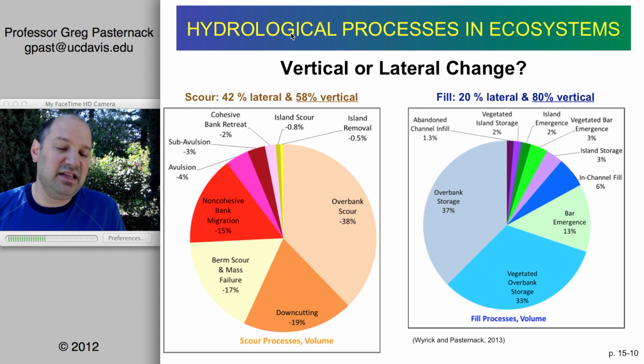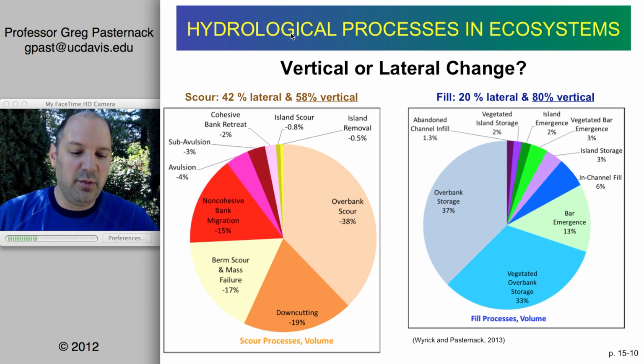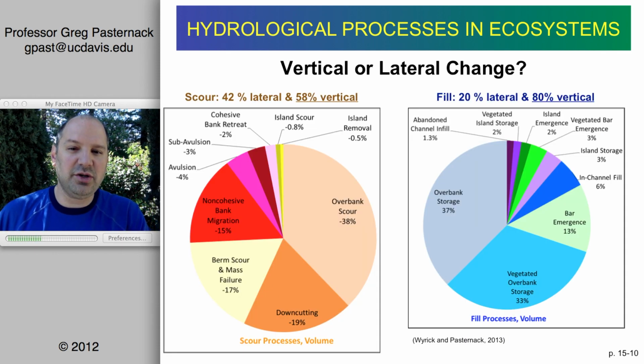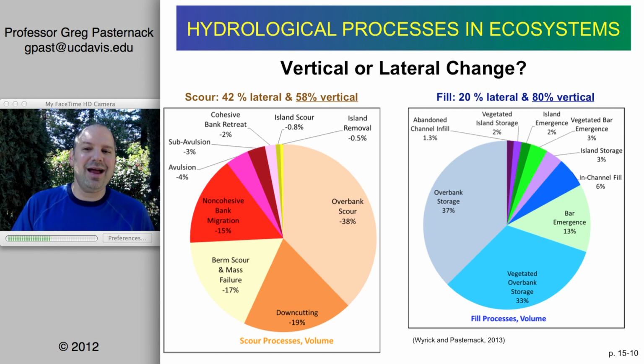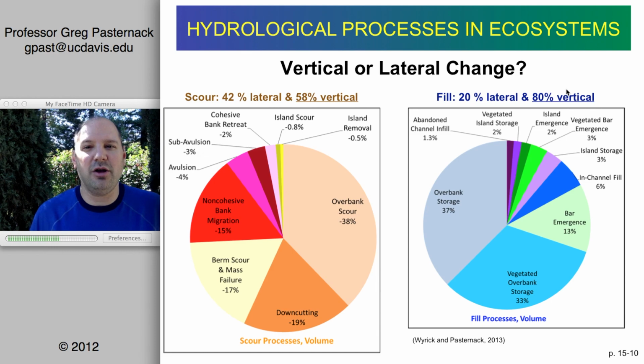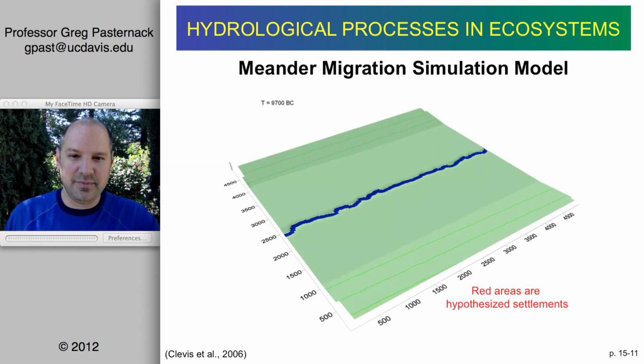What you can see is that in the case of the lower Yuba River, from which the previous slide was just one spot out of the whole 24 miles, for the river as a whole, both cut and fill are preferentially vertical changes. There's more lateral scour than there is lateral fill, but still, both of them are strongly changing vertically.